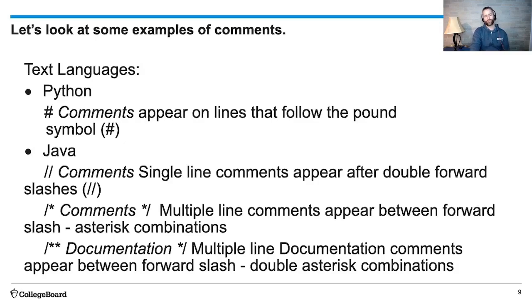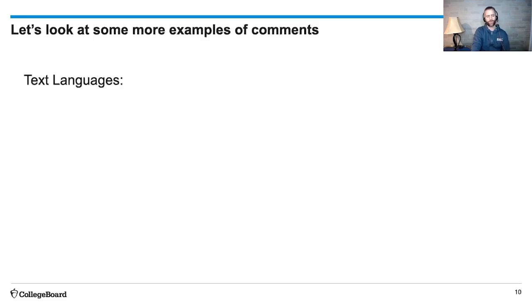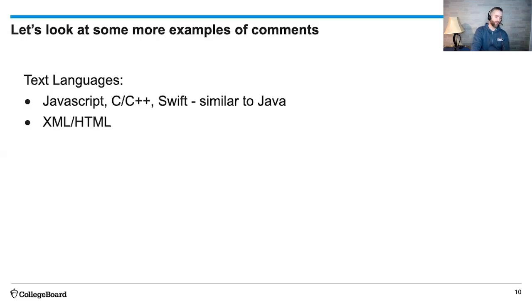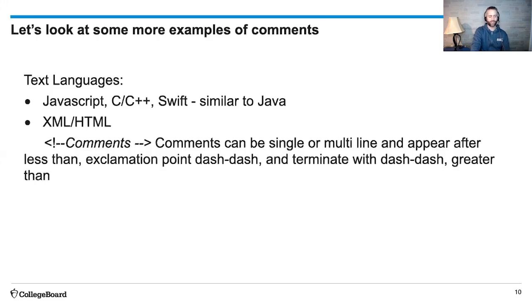All right. So those are 2 common text languages, but let's look at a couple others. Some other common text languages, JavaScript, C, C++, Swift, they all use a commenting scheme similar to Java. All right. Other ones, XML or HTML, use a commenting scheme that looks like this. They have the less than, the exclamation point, and then the dash dash. Then they have their comments, and then they close that.